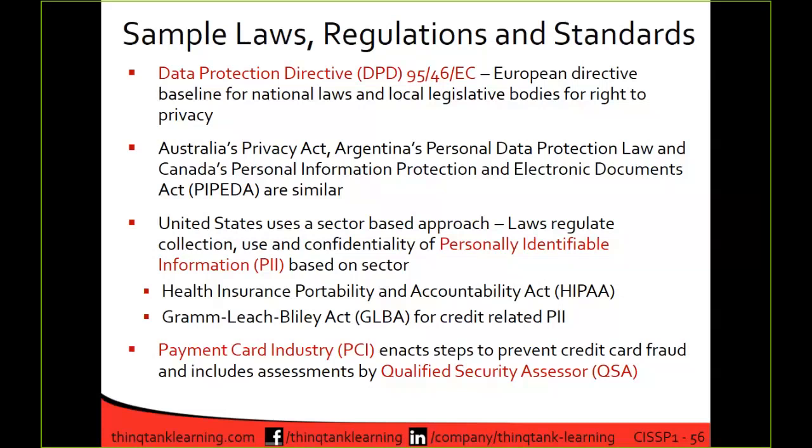The consumer is, for example, an individual that gets from the financial institution a financial product or service, whether it's for their personal use, their family use, to buy a house, or for household purposes. And a customer is essentially an extension of that.